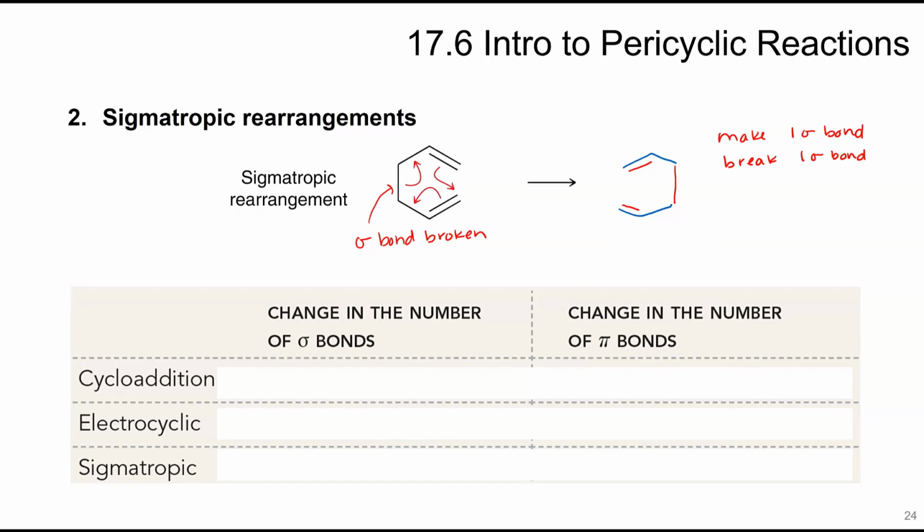These reaction mechanisms are concerted, so they don't have any intermediates. All of the electrons are moving at one time. The reaction mechanism involves a ring of electrons moving around a closed loop.